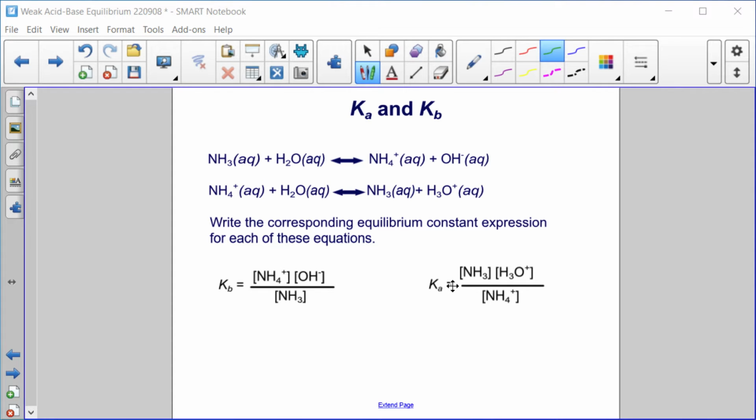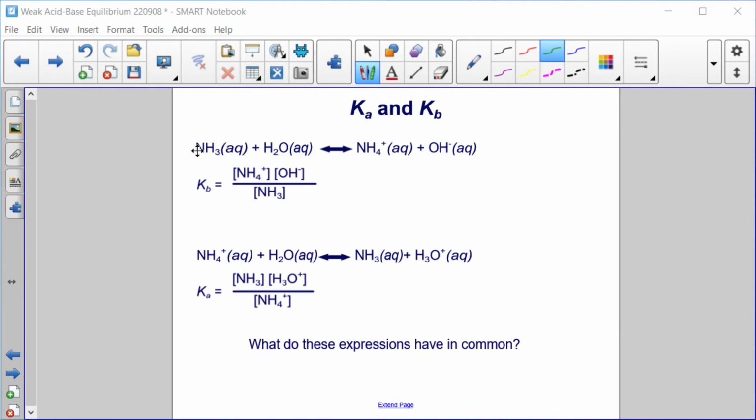And Ka is the concentration of NH3 times the concentration of H3O plus over the concentration of NH4 plus. Again, here's Kb with its dissociation equation and Ka with its dissociation equation.